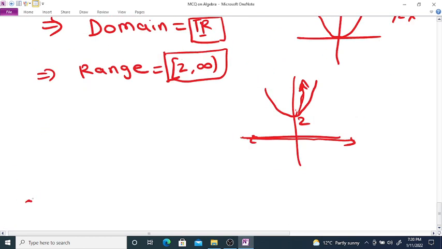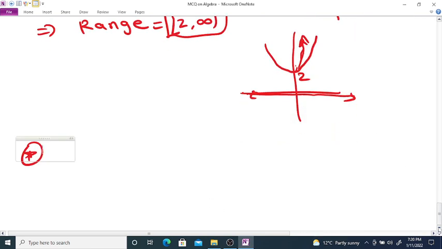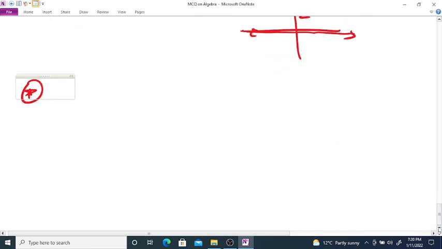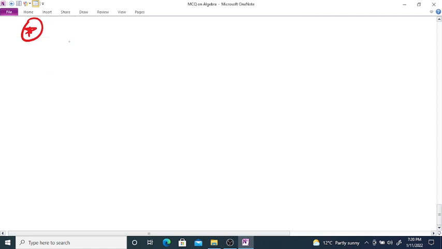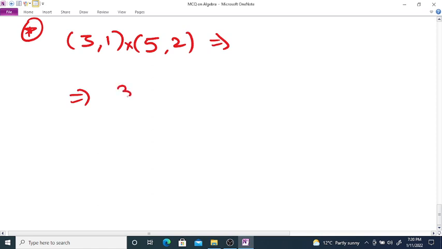Now next, find the multiplication of two complex numbers, 3 plus 5i and 5 plus 2i. Okay, we want to determine the multiplication of these complex numbers. The first complex number is 3 plus 5i, and the second complex number is 5 plus 2 iota.